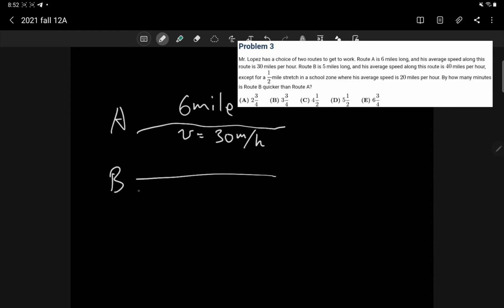Route B is 5 miles long, and his average speed along this road is 40 miles per hour. Okay, it's faster.